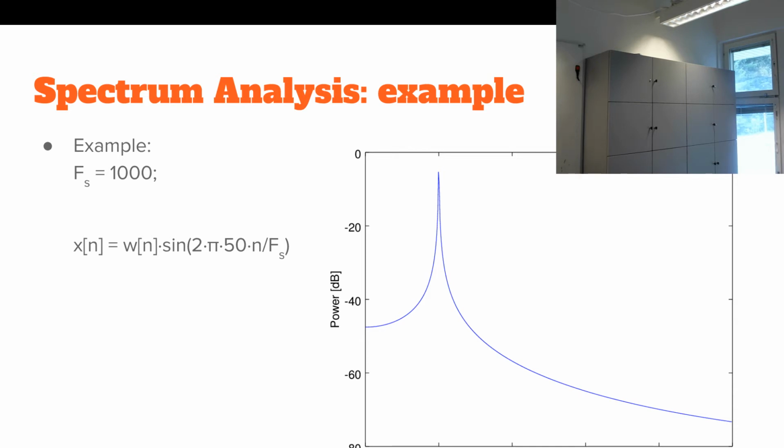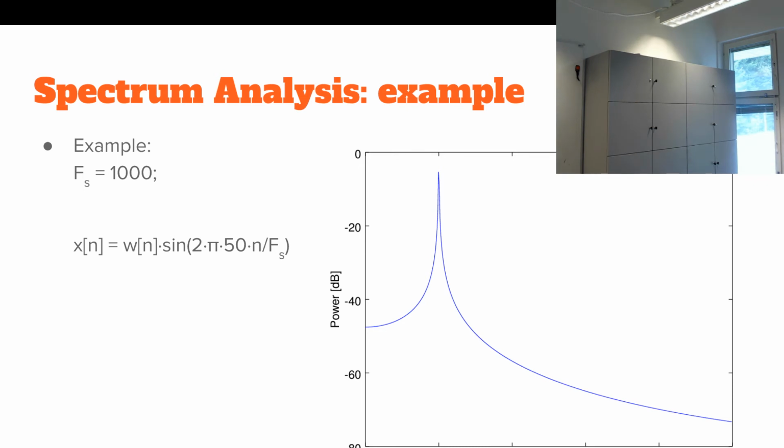That's the distance between subsequent samples, but when you do the Fourier transformation of the same signal, you get the frequency: delta f, the resolution, is the sampling rate divided by the number of samples.